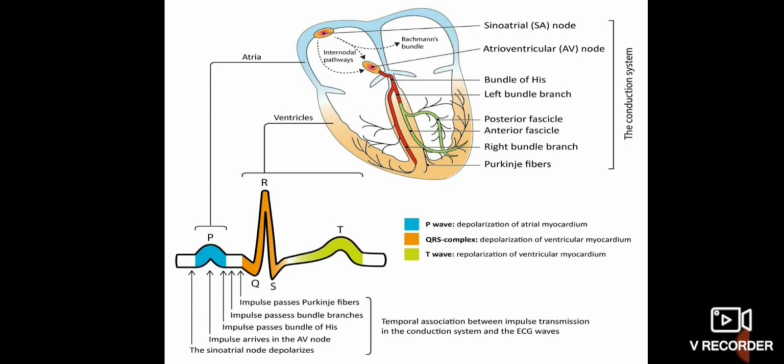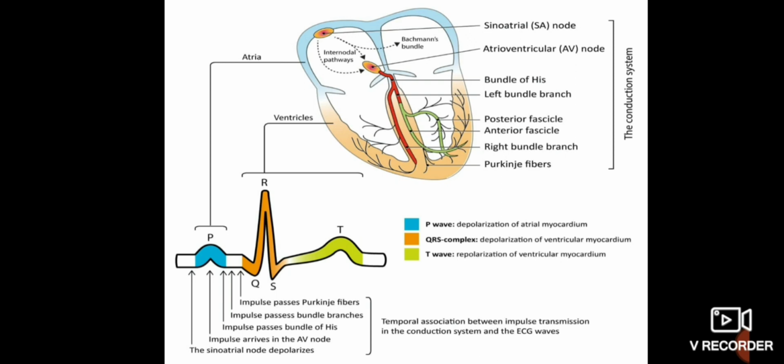From the AV node the impulse passes to the bundle branches, that is the bundle of His. Then finally it reaches the Purkinje fibers. When the Purkinje fibers start their conduction, it reaches the ventricles. Then depolarization of the ventricular myocardium happens, that is the QRS complex.